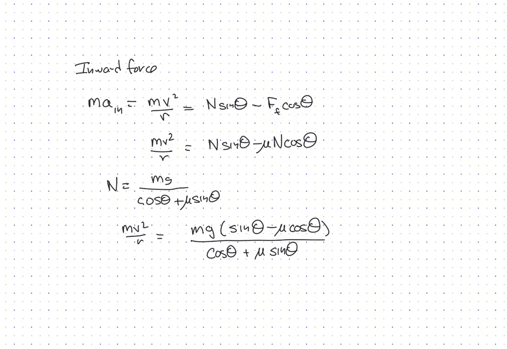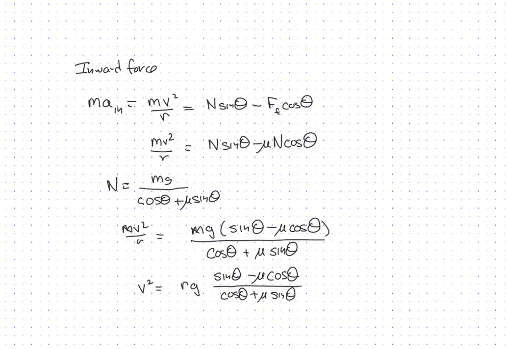Okay, and the m's drop out, and we get that v squared, this is the minimum velocity, is rg times sine theta minus mu cos theta over cos theta plus mu sine theta.